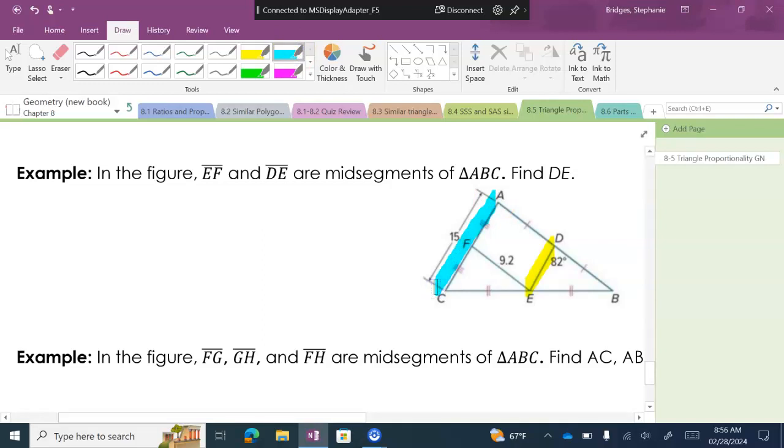Do we know the length of that side? What does it say it is? 15, right? So if it wants me to find the length of DE, it would be how much of 15? Half. Well, what's half of 15? 7.5. So DE is going to be 7.5, and I got that from dividing 15 by 2.